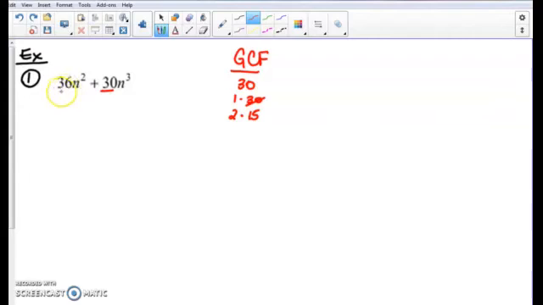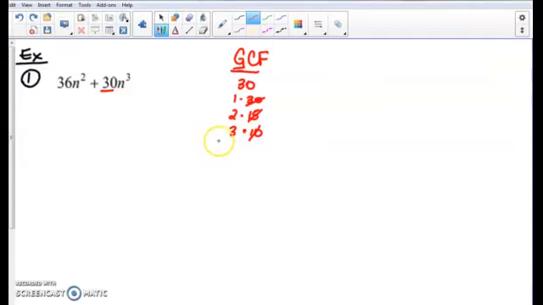And now we check, can 36 be divided by 15 evenly? No, it can't. So 15 is not going to work either. And remember, because we want the greatest common factor, we don't want to try 2. 2 is still too small. So we try 3, which goes into 30 10 times. So 10 is our bigger number. Can 36 be divided by 10 evenly? No, that's also going to give us a decimal, 3.6. So 10 doesn't work, and 3 is still really small.